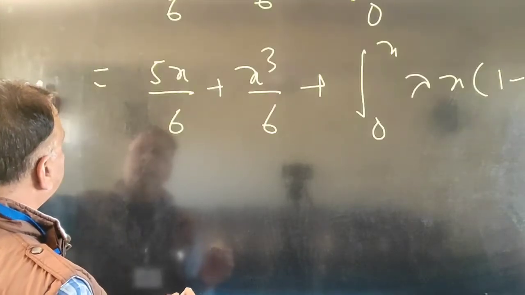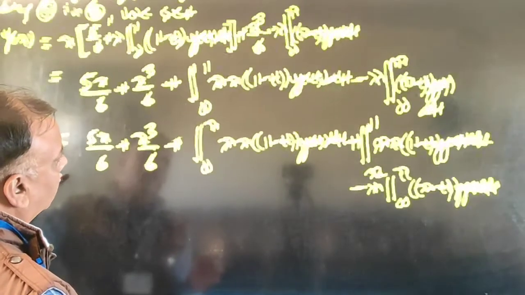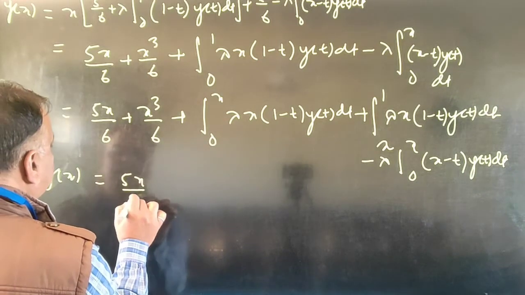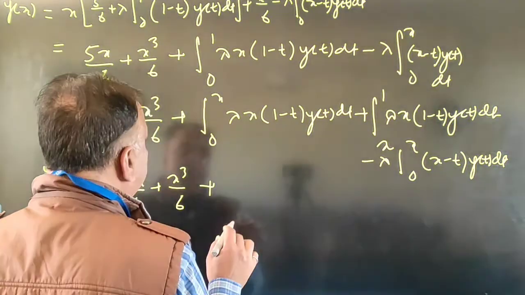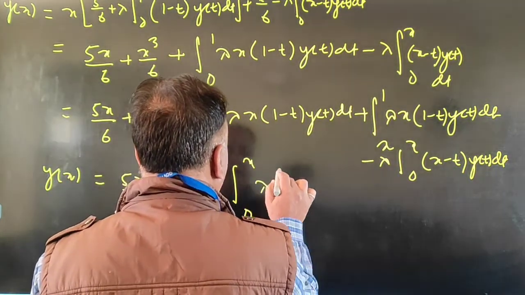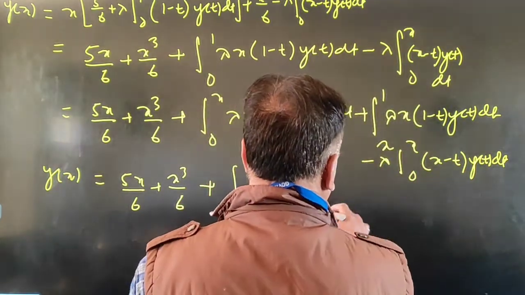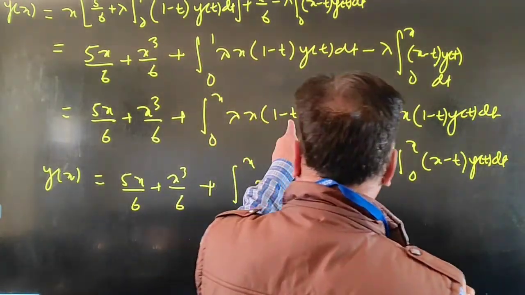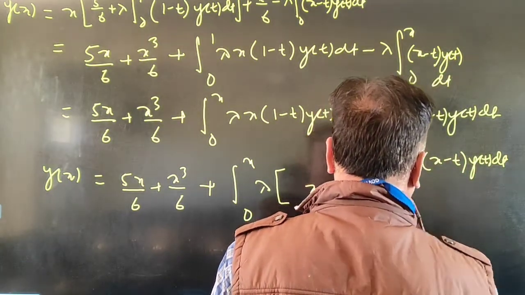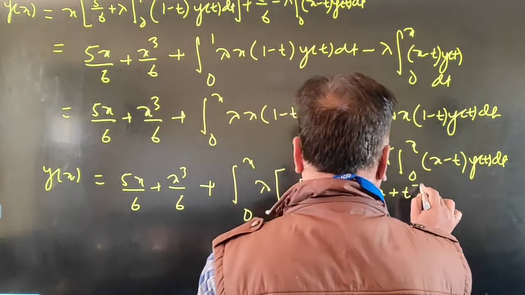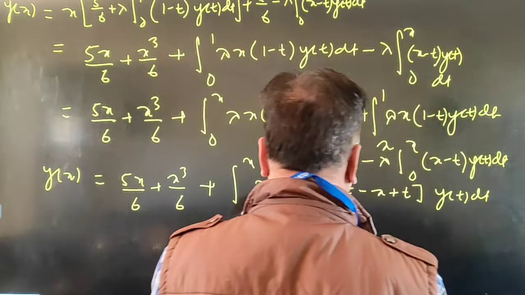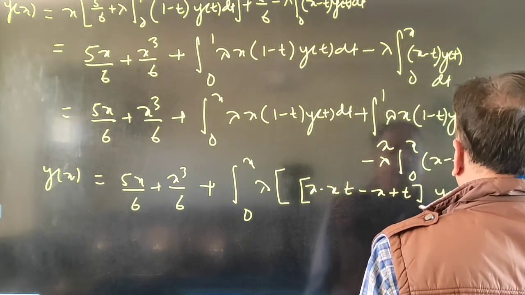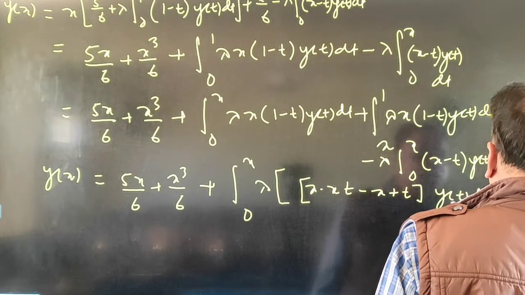Solving this slightly, yx is equal to 5x by 6 plus x cube by 6 plus integral 0 to x lambda into x minus xt minus x plus t into yt dt, with limits of integration from 0 to x, plus integral x to 1 lambda x into 1 minus t yt dt.